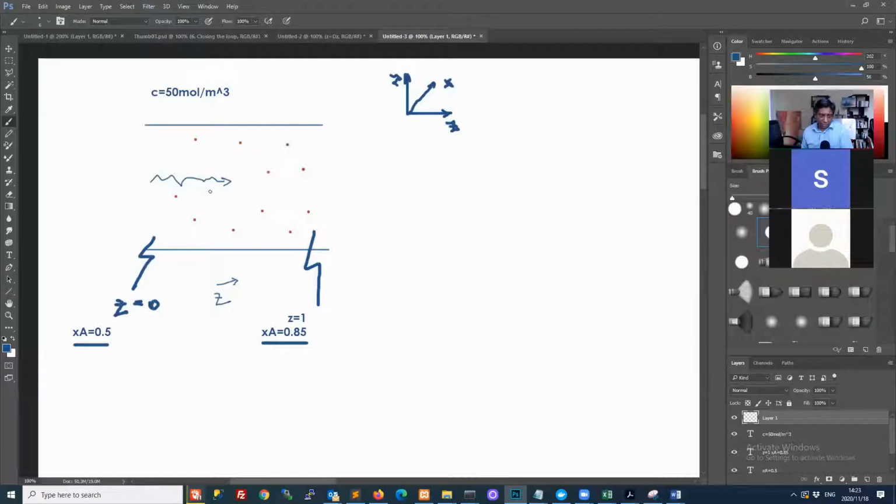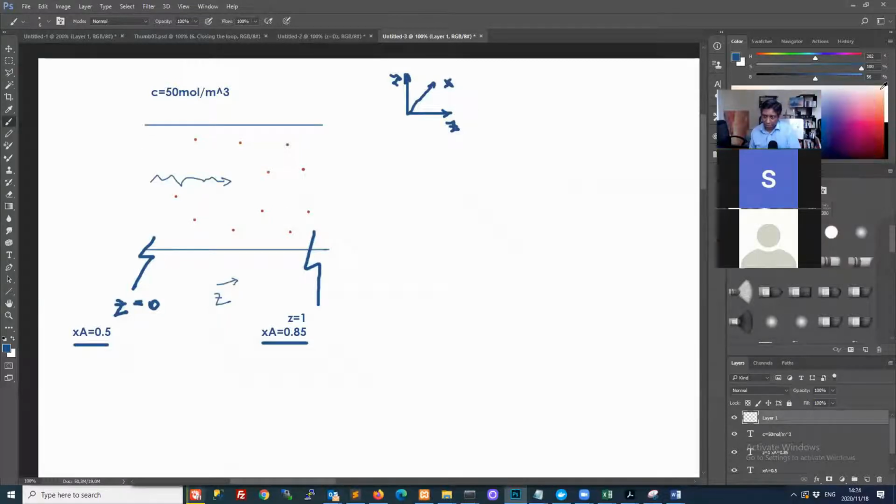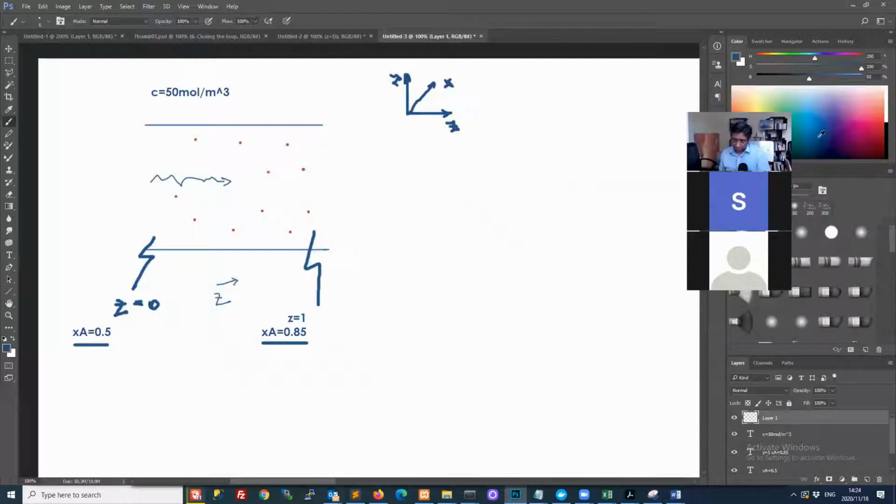And in fact, if the system is at steady state, right? If we have a steady concentration of component A, so I'm just going to sketch, well, now let's use the A color. So there exists some concentration of component A across that space, right? We don't exactly know what it is yet, but let's say it's something like that.